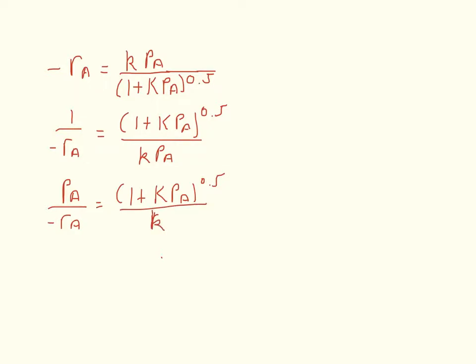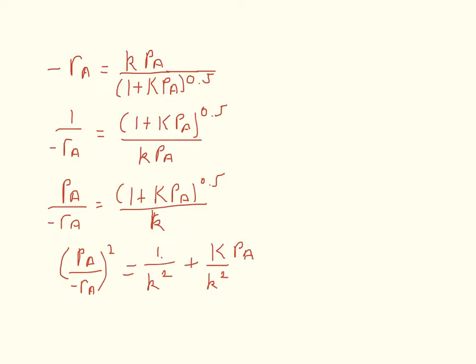Now I square both sides, and so I get PA over minus RA, squared. This is equal to 1 over k squared plus K PA over k squared. Now this actually is a linear form.